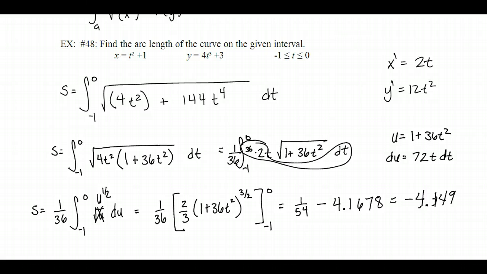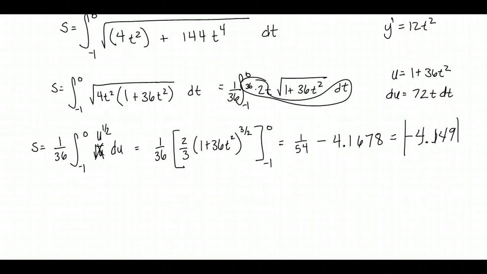I think I rounded right. In this situation, obviously, we can't have a negative arc length. That doesn't make any sense. So for parametric equations, because you can get negatives, you have to take the absolute value of it. So your actual arc length is 4.149.